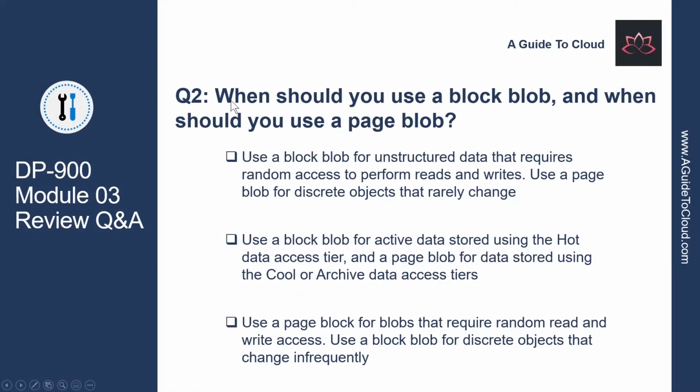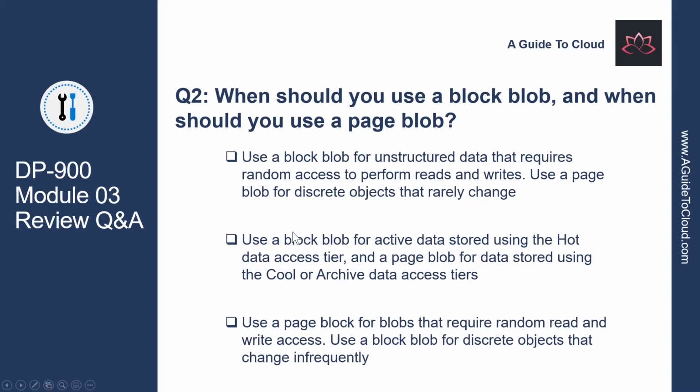Let's look at the second question. When should you use a blob and when should you use a page blob? Is it when you use a blob for unstructured data that requires random access to perform read and write, and use a page blob for discrete objects that rarely change? Not correct.